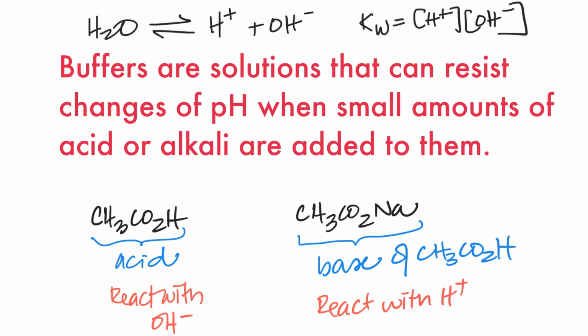Now, what you realize is that in this example, a buffer will always contain an acid part and a base part, and both in some considerable concentrations. Because the way they're designed is that they have to keep the concentration of hydrogen ions and hydroxide ions in the solution unchanged.